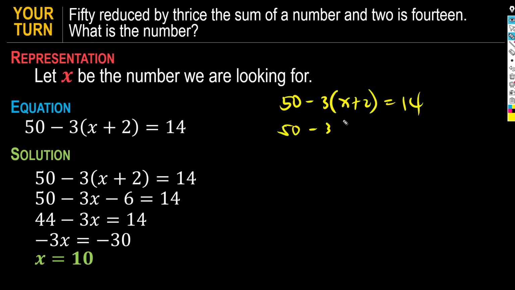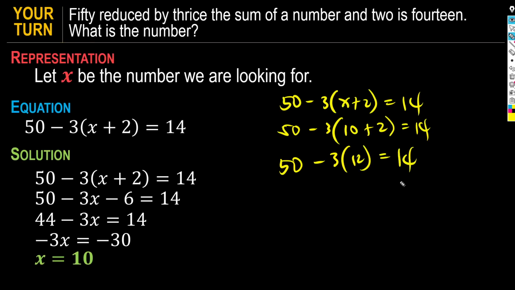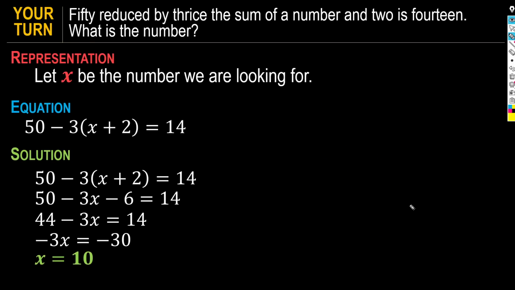If I plug in my 10 back into my equation, will I get a true statement? Let's see. 50 minus 3 times 12. If I do my PEMDAS, that's going to be 50 minus 36. Is that equal to 14? And 50 minus 36 is, in fact, 14. Check. Correct. That means we are confident.